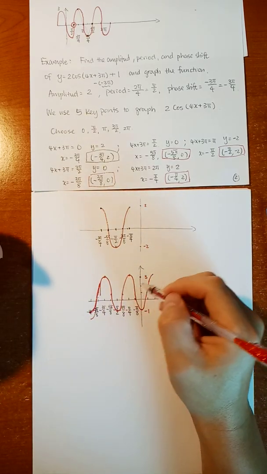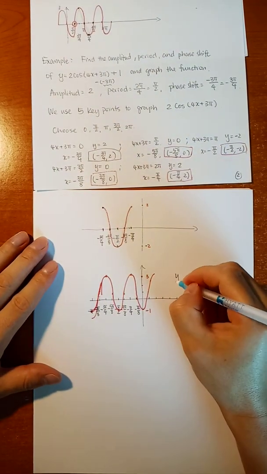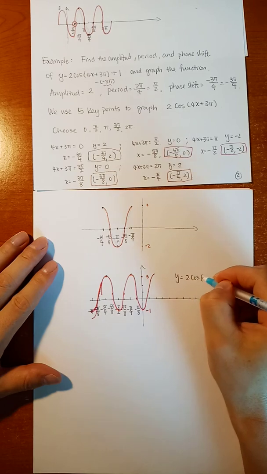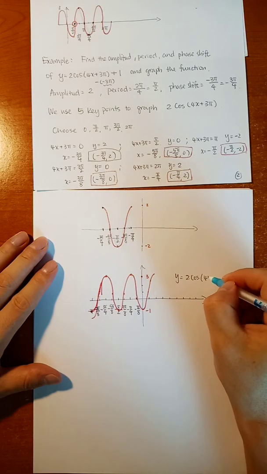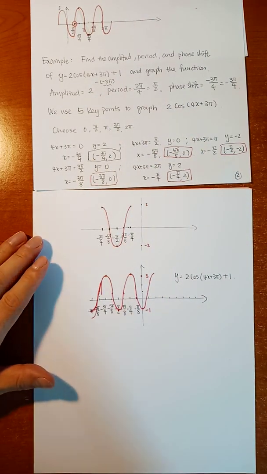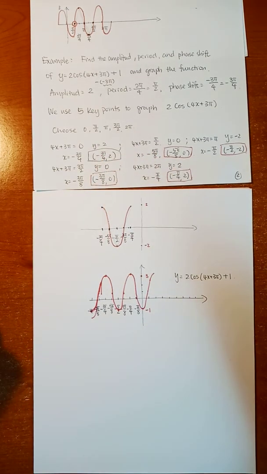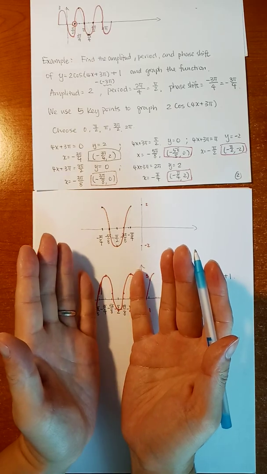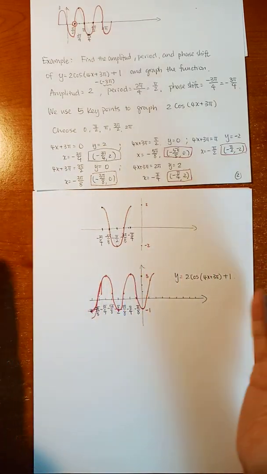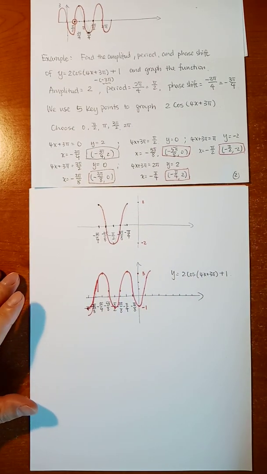Okay, so it's the graph of 2 cosine of 4x plus 3 pi, plus 1. Plus 1 means you shifted it 1 unit up. And we're actually interested in one period, and the rest of the periods you just sketch it. Copy the graph. Okay.